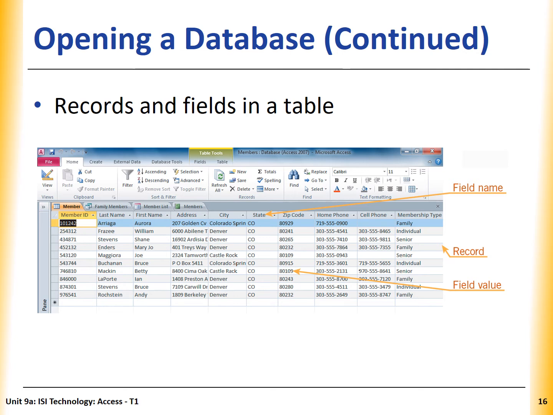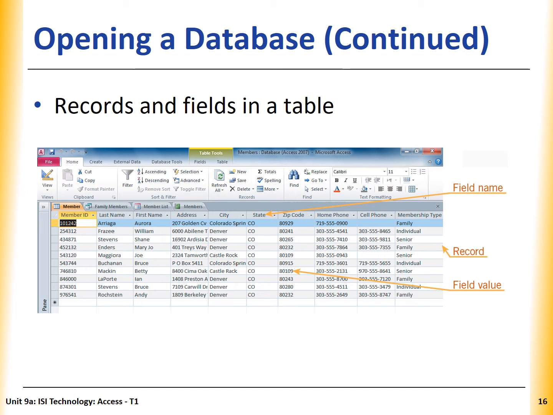Here is an example of records and fields in a table. If you notice over here, it's called field name. Can you see the arrow? It goes to state. So all these titles on the top, like member ID, last name, first name, address, city, state, these are called field names. All this data, the numbers and the letters and words, are called records.